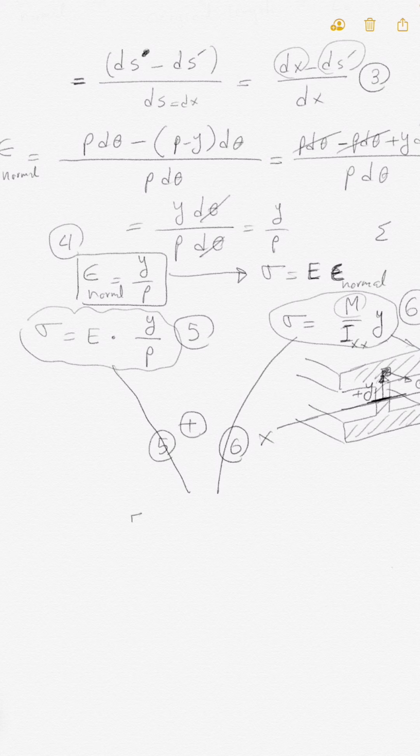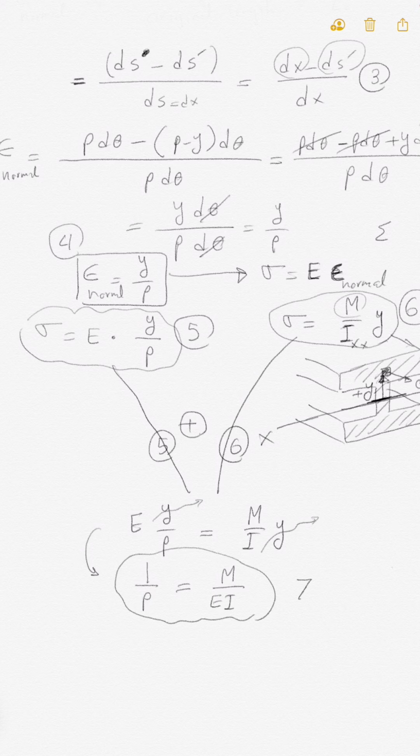That means Ey over rho should be equal to M over I times y. Now this y simply cancels with this y, and you will end up with this important equation: 1 over rho, which is the radius of curvature, is equal to M over EI.